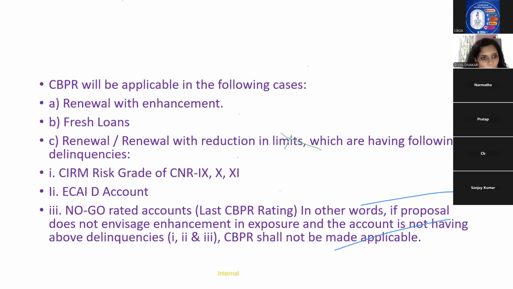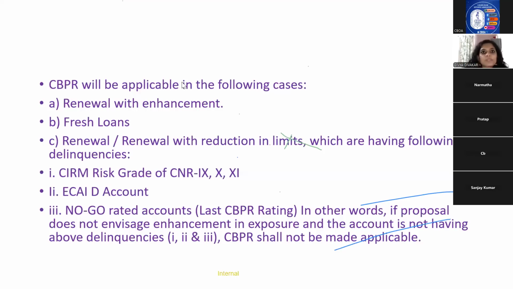Then also, if the CARM risk grade is CR 9, 10, 11, if it is an external rating D case account, and if it is a no-go account. No-go means in the last rating of the CBPR rating. So in all these cases, CBPR will be applicable.